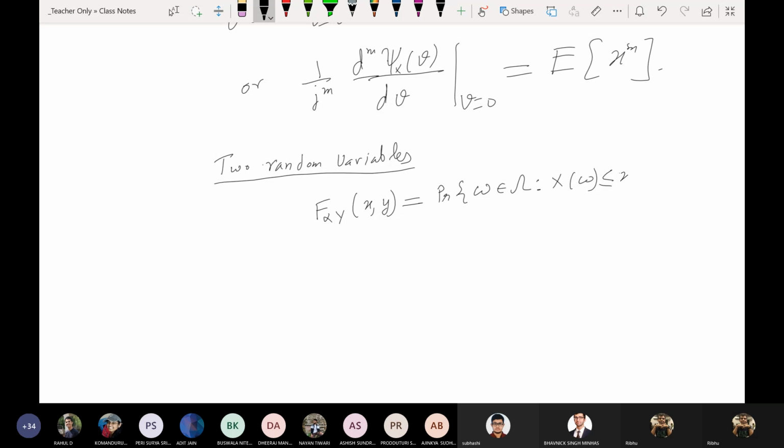How can someone give me an example of a single outcome and two random variables? The roll of two dice, yeah, together, simultaneously.